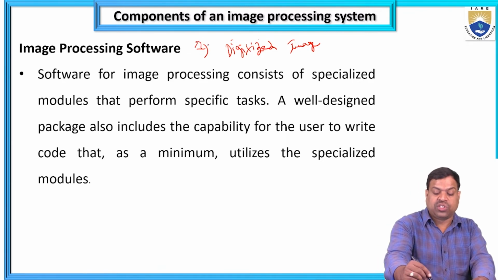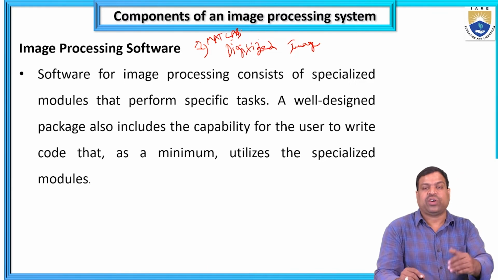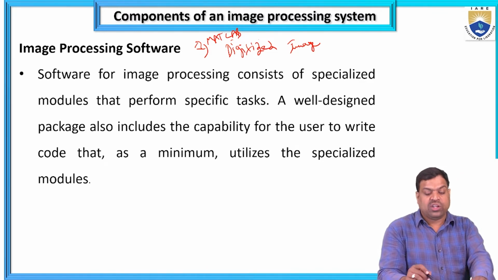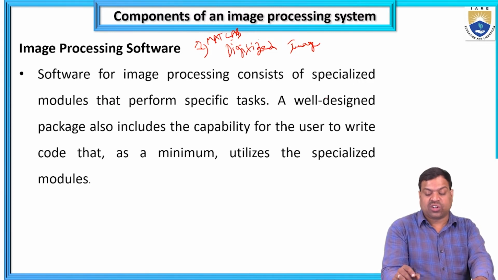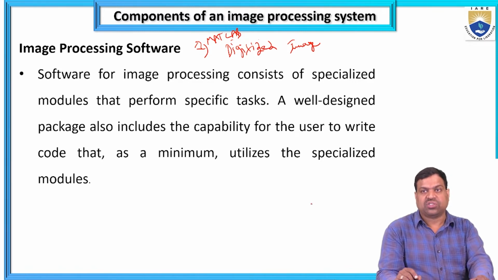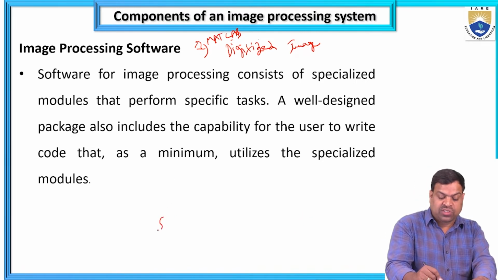Software means, suppose here I take a MATLAB example. MATLAB is useful for digital image processing. So what is the help of this software? Software for image processing consists of specialized modules that perform specific tasks. A well-designed package also includes the capability for the user to write code that utilizes the specialized modules at a minimum. In this software, we install some code or algorithm.